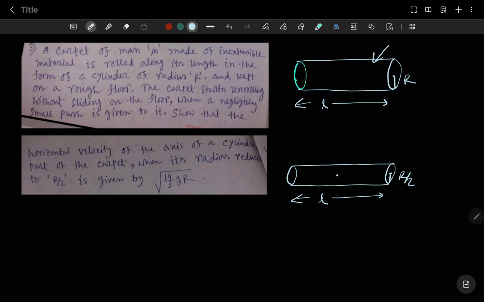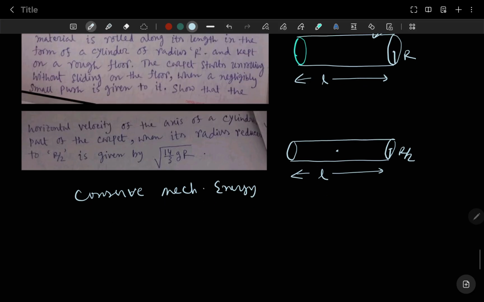So what we have to do is just conserve the mechanical energy.